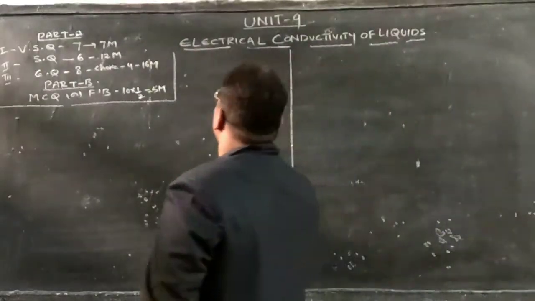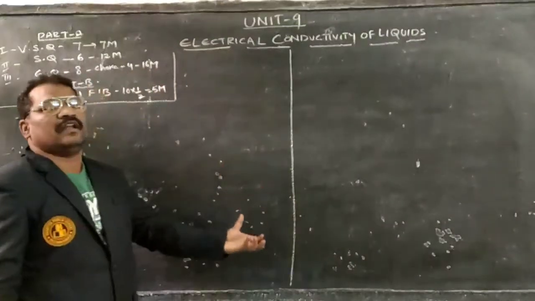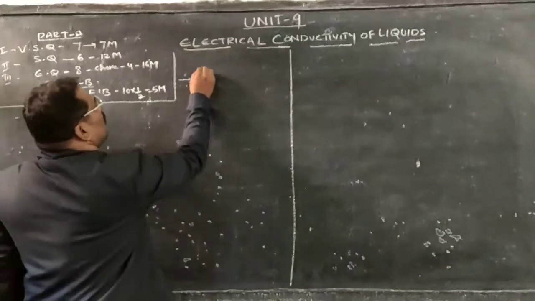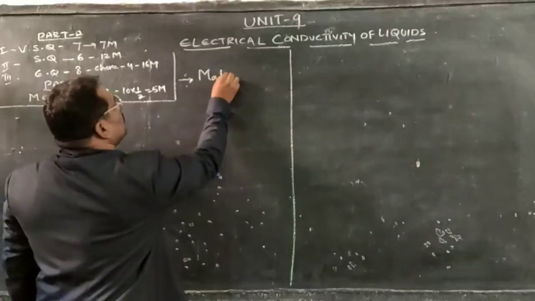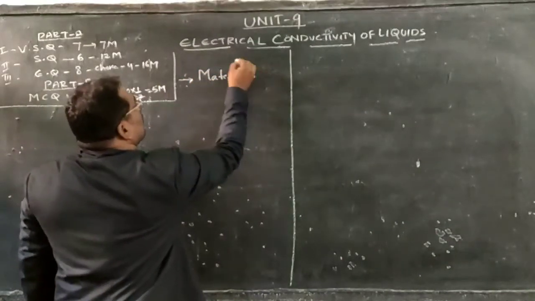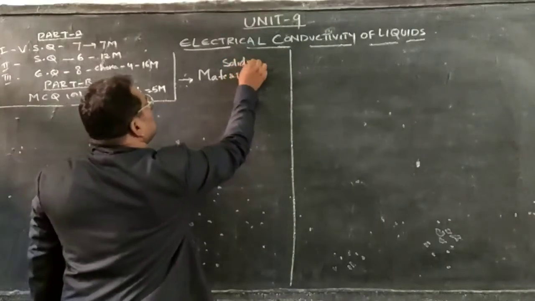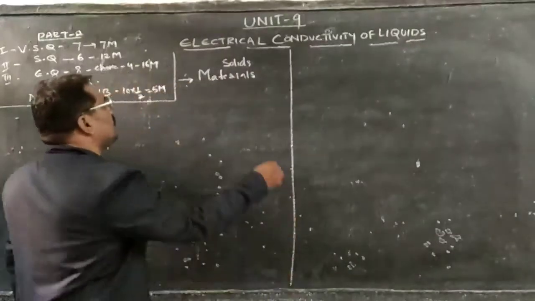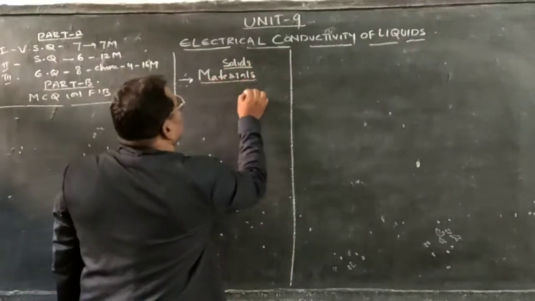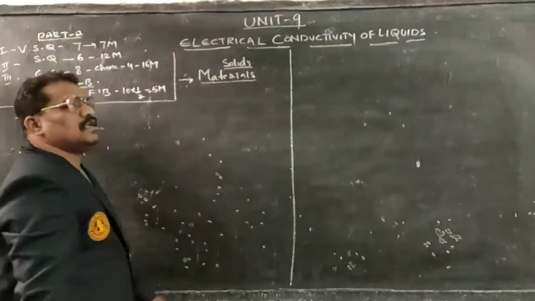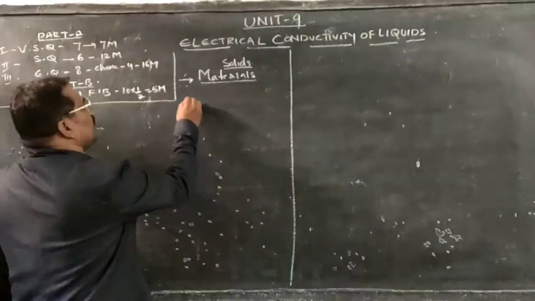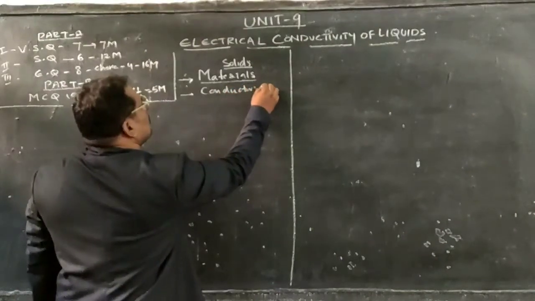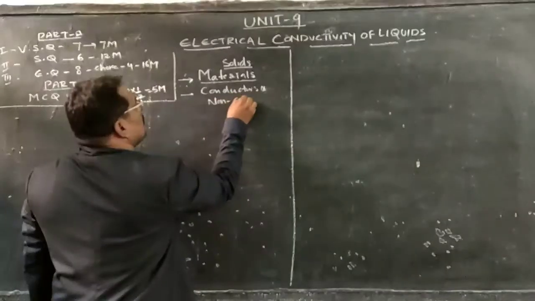Now on this particular chapter, how can we frame questions? First question: how many types of materials are there? Here we are discussing liquids, but in our textbook, first of all, he has given us materials in solids. There are 2 types of materials: one is conductors, the other is non-conductors.